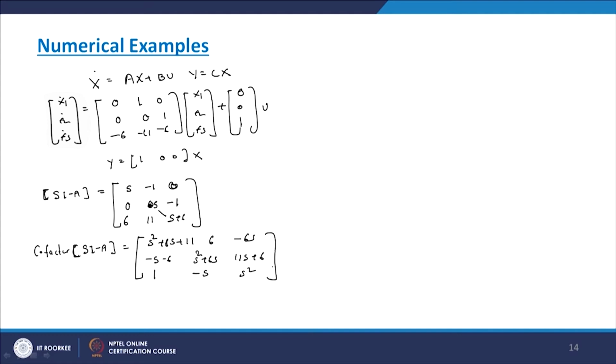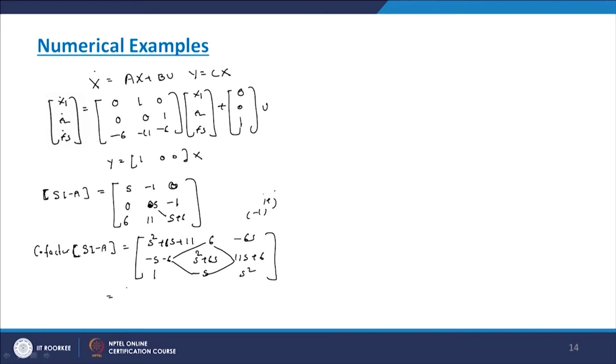Now, afterward, to get the adjoint, the signs of these elements have to be changed, because all these 4 elements lie in the minus 1 raised to i plus j form. Therefore, the adjoint is nothing but the cofactors transpose along with these particular elements.